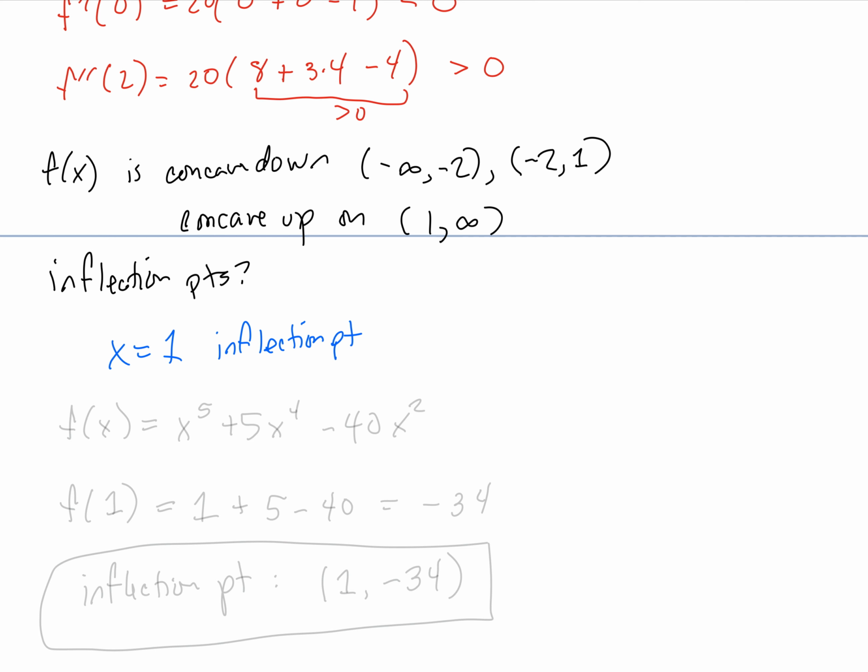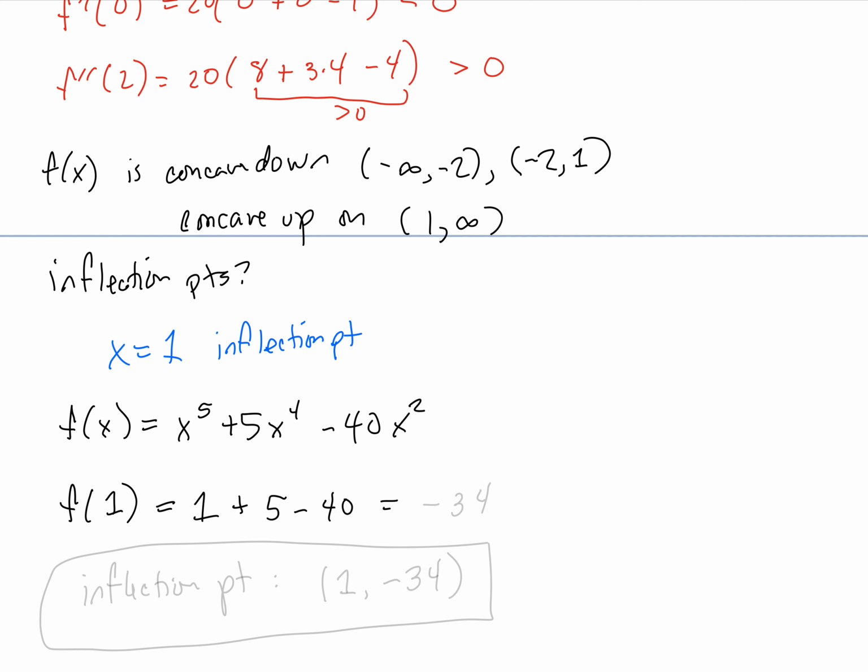for this function. And so to figure out the whole point, we'd want to plug it into the original function. The original function f of x was x to the 5th plus 5x to the 4th minus 40x squared. And so if we plug in f of 1, then we've got 1 to the 5th is just 1, plus 5 times 1 minus 40 times 1 squared.